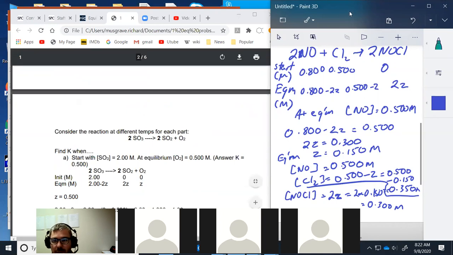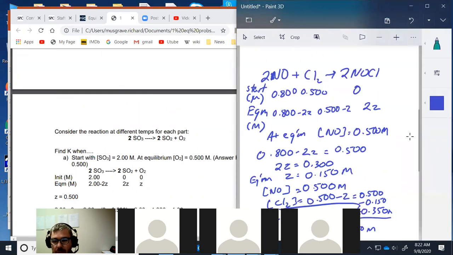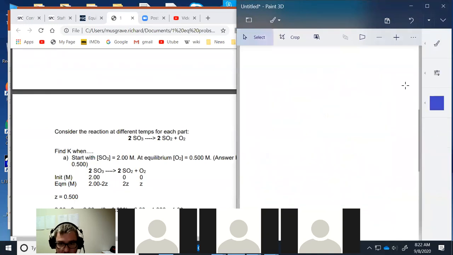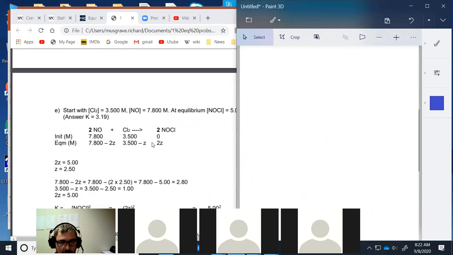All right, does anybody have any questions? Okay, I'm going to do one more of these, one that illustrates this whole significant figures thing quite nicely, really.